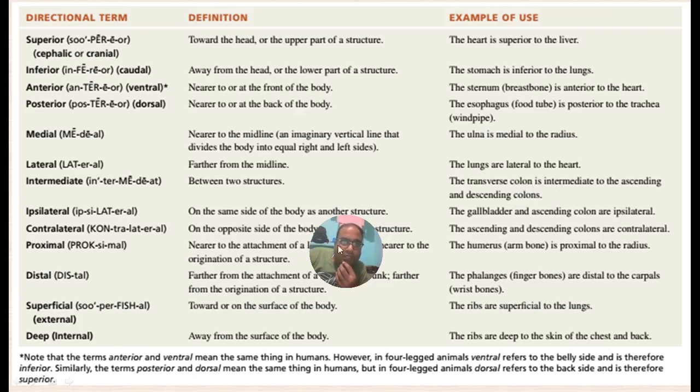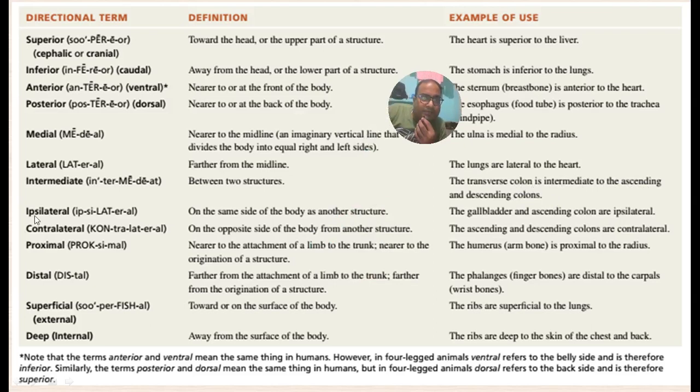Similarly, here, ipsilateral means on the same side of the body as another structure. Two structures on the same side, like the gallbladder and ascending colon, are ipsilateral, as both are on the same side. Ipsilateral means on the same side of the body as another structure.